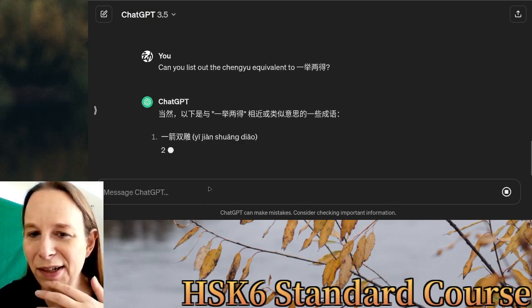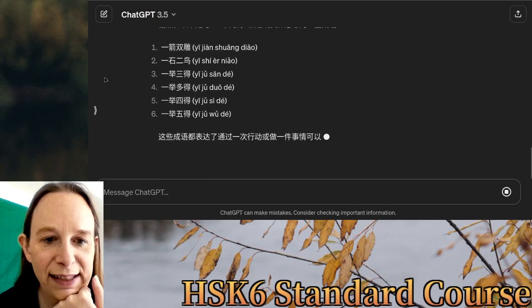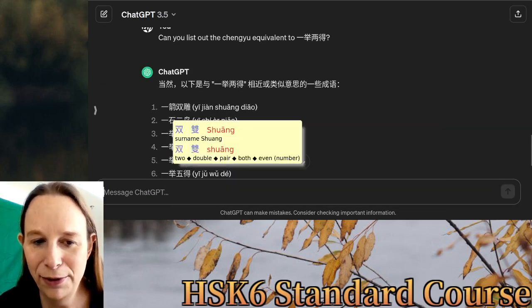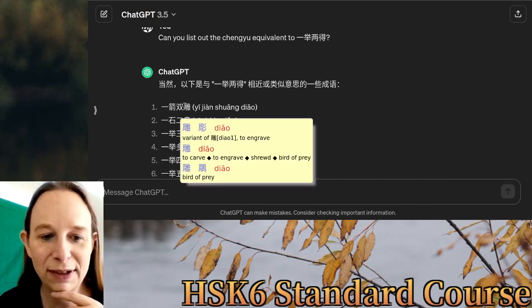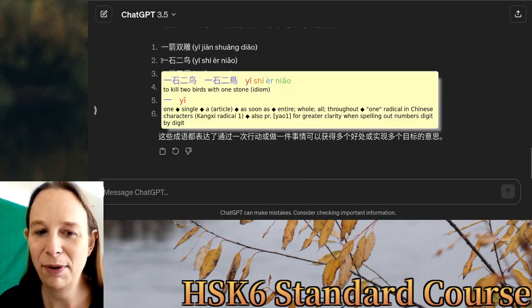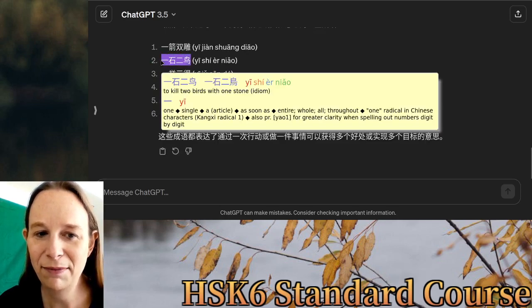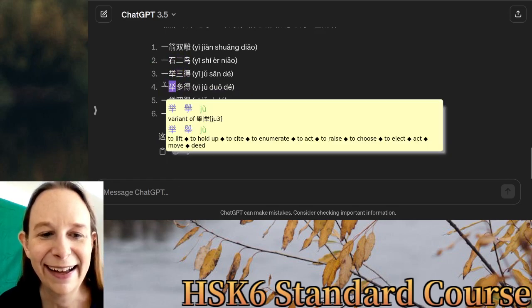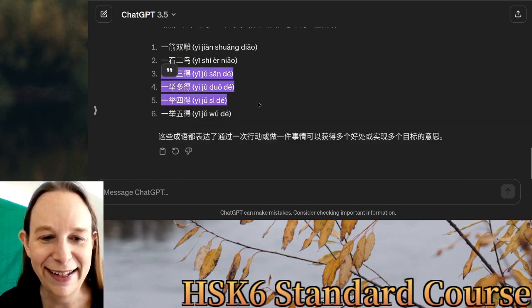I use 一举两得, but yeah, 一箭双雕. Yeah, one arrow, 雕 is an eagle or something like that. Bird of prey. Okay, yeah, so this is probably borrowed from English. One stone, 2 birds. 一举三得. I don't know, I feel like I'm making these up.